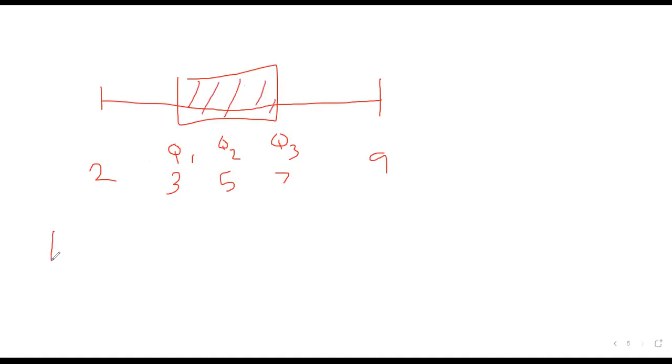So we have what we call the interquartile range, which is Q3 minus Q1. There's an error there, people. It's 7 minus 3 to give us a 4. This is called our interquartile range.